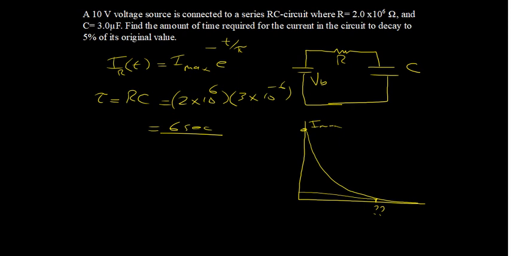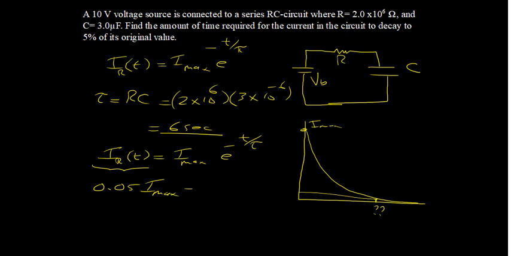Once again, the current through the resistor as a function of time. He's asking when I will have only 5% of the original value. So here I only have 0.05 of the maximum, the initial value.